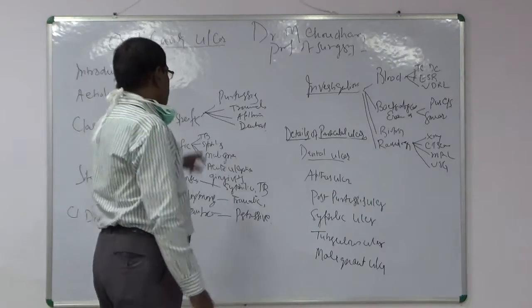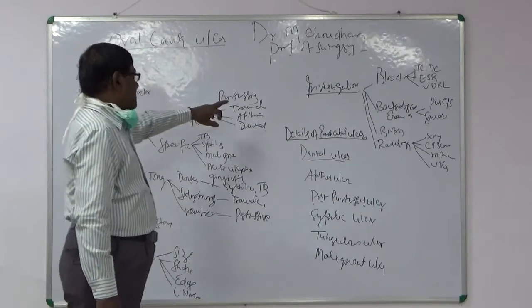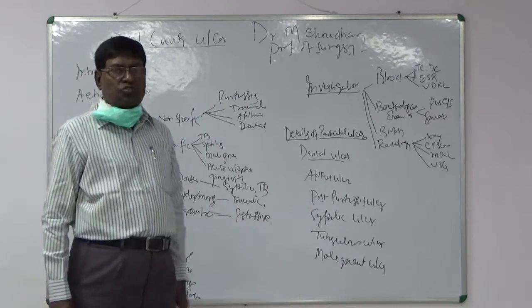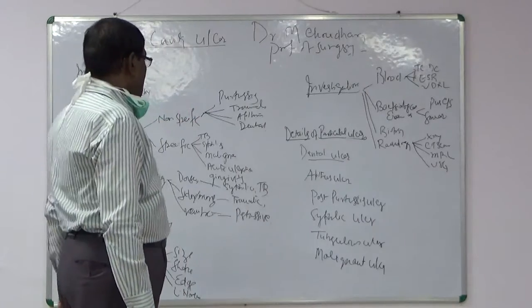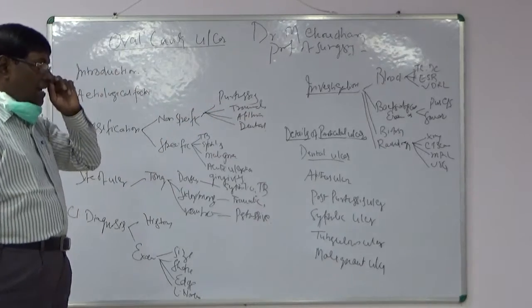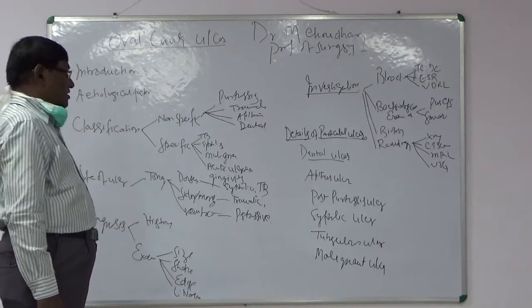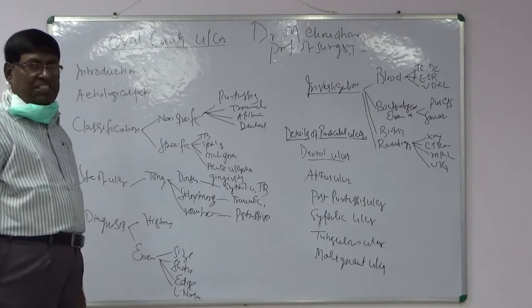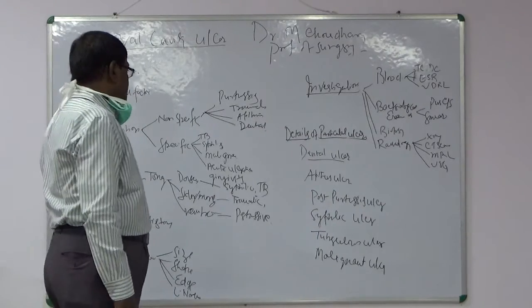This is called post-pertussis ulcer. So traumatic ulcer, post-pertussis ulcer, and aphthous ulcer. Aphthous ulcer is also very common. Bacterial and viral infections cause it, manifesting as ulcer formation in the buccal cavity or on the tip or side of the tongue.